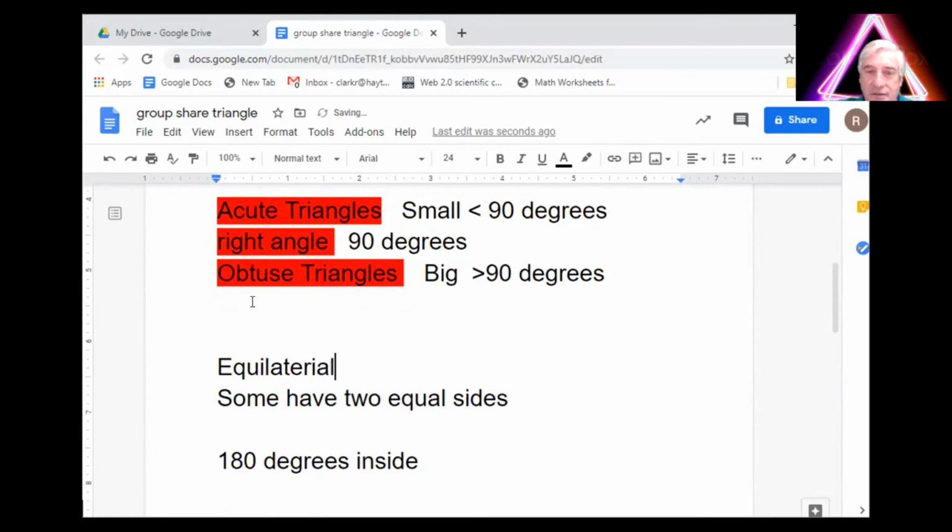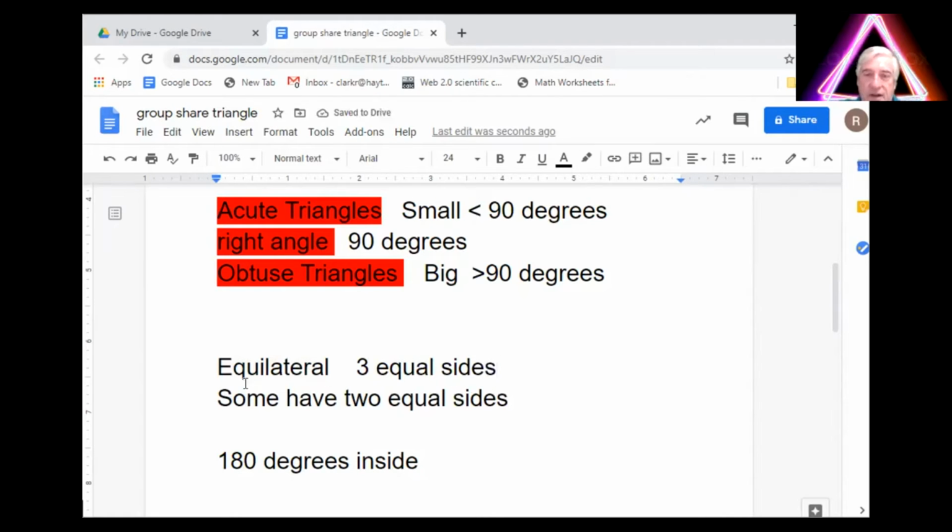And that's wrong. What's wrong with it? There's no I in equilateral. A lot of people make that mistake. We correct it. There we go. Now, equilateral was 3 equal sides.